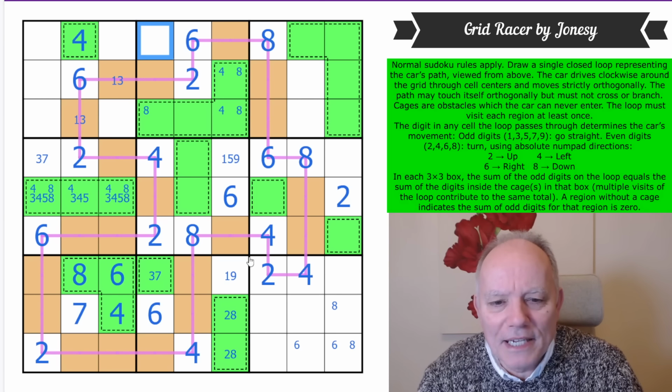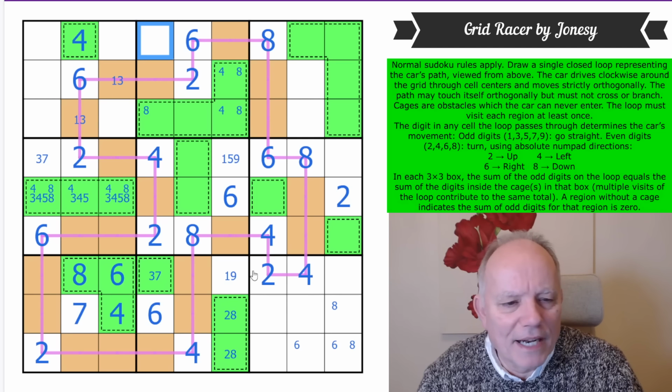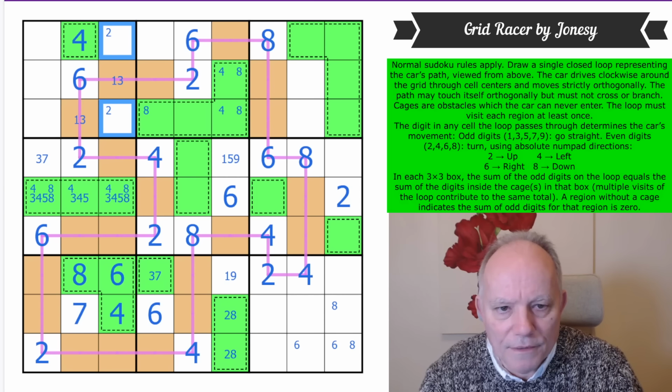Oh, I just need one of these cages to get done. I know I'm being really dense about this. I do know that. Let's keep trying to get the even digits into the puzzle. So 2 is in one of those cells. 8 in this box.